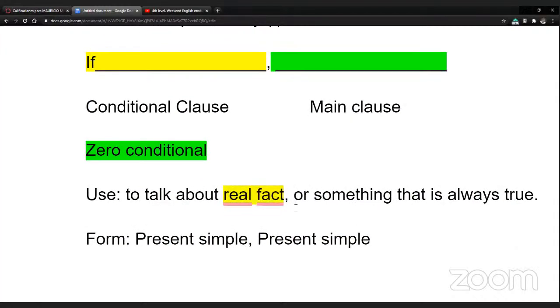Real facts. In other words, it's like scientific facts or something that is always true.